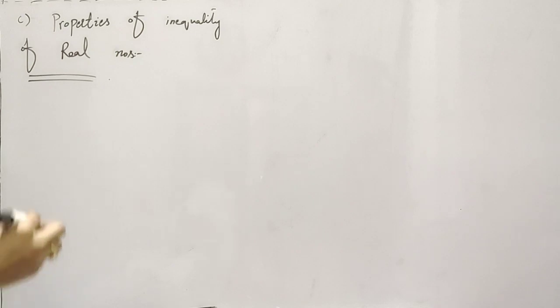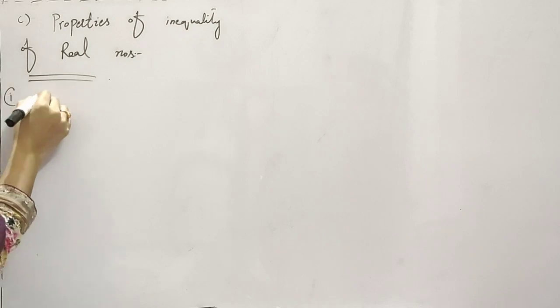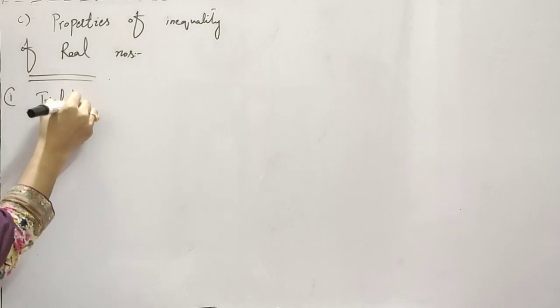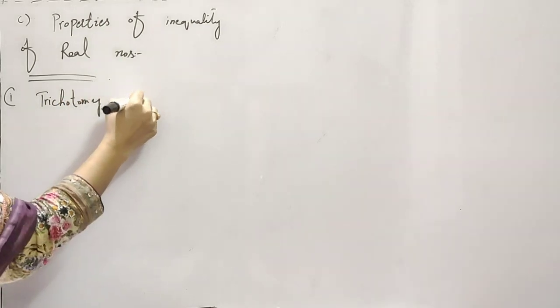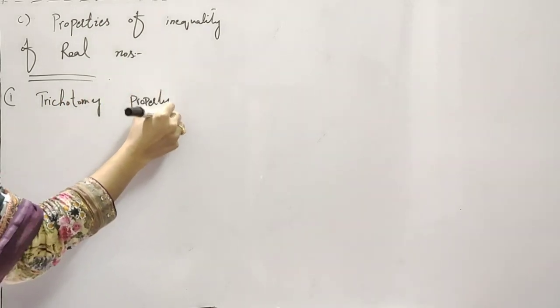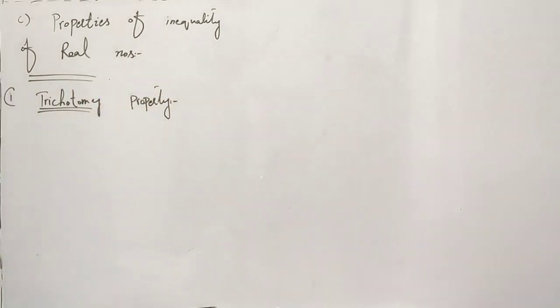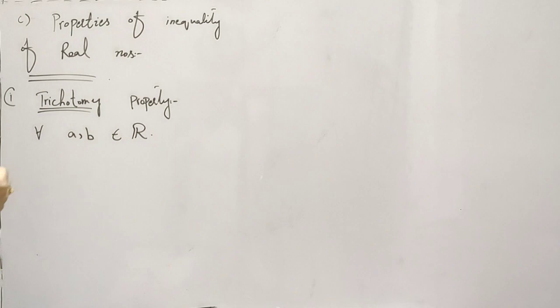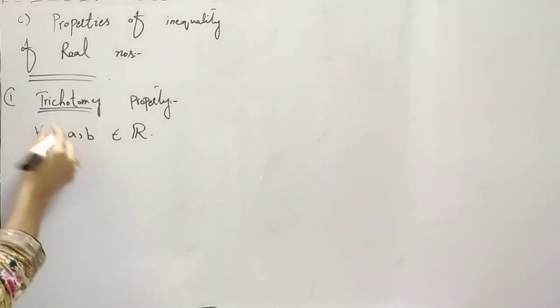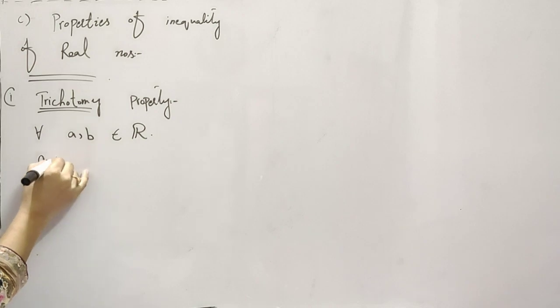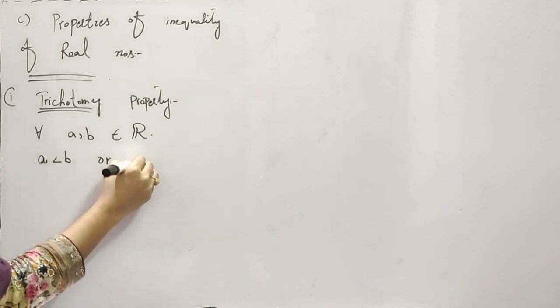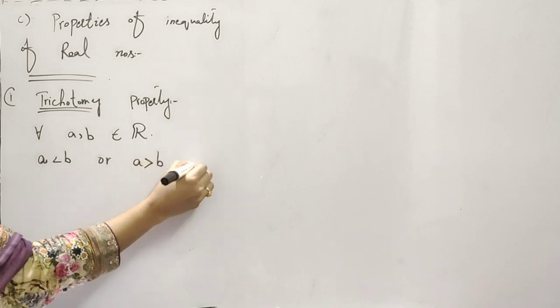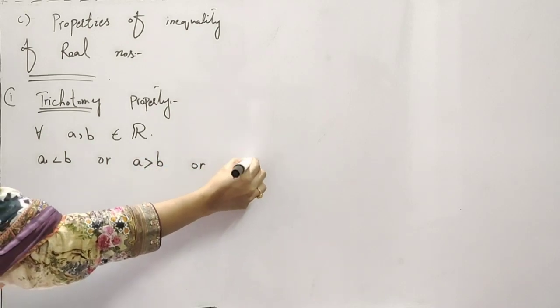Okay, and the first property is the trichotomy property. The trichotomy property says that for all a and b belonging to real numbers, a is less than b, or a is greater than b, or a is equal to b.